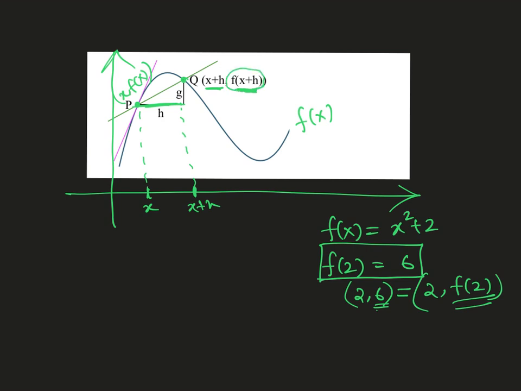Alright. Now what we did was we considered what would happen if h becomes approximately equal to 0. So my idea was that when I take h and try to approach 0, what happens to the gradient of the green line? You can see the gradient of this line PQ. That is my important part to understand.